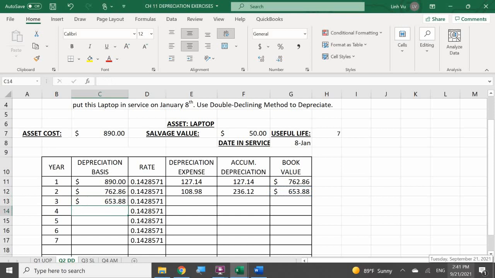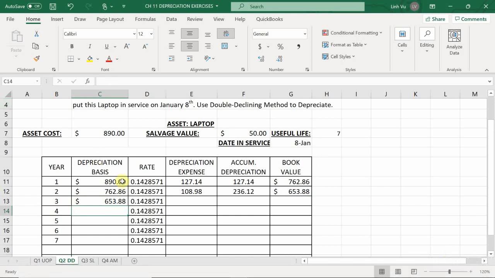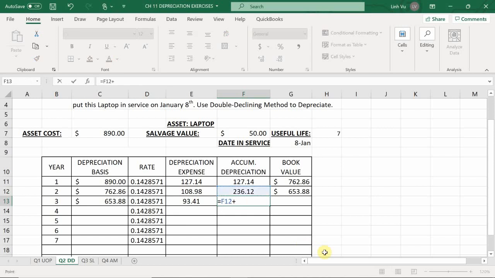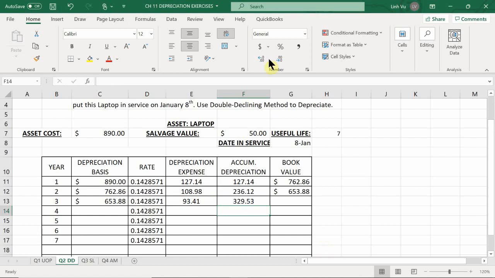Okay, so now my basis is shrinking, right? So if I multiply it by the rate once again, my depreciation expense for year 3 is going to be $93.41, right? We're going to add that to my previous accumulated of $236.12 to give me a grand total of $329.53, right?